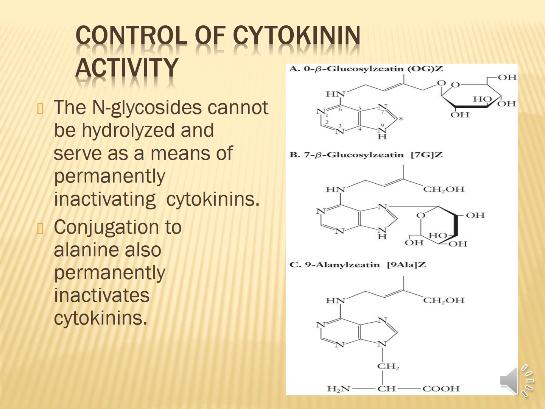So if you look at A and B, they are N-glucosides, which are conjugated with the amino acid. However, the C, 9-alanyl zeatin, is a product from the conjugation with alanine. So all A, B, C are permanently inactivated cytokinin, different from the previous slide regarding the conjugation with the glucose.